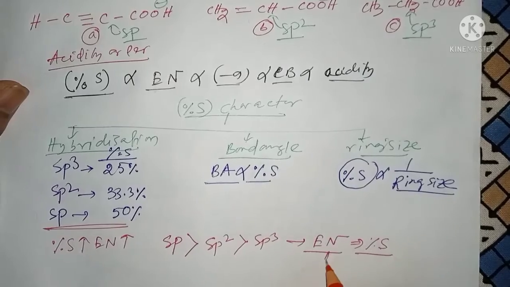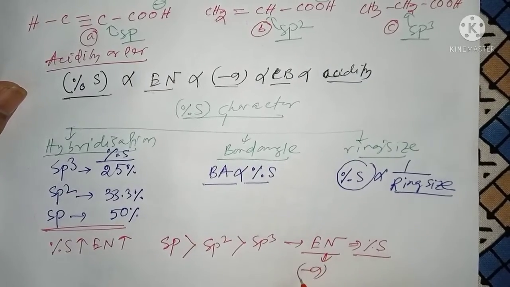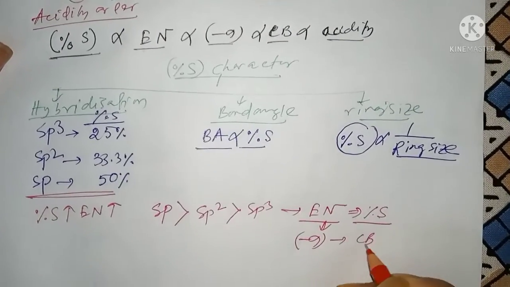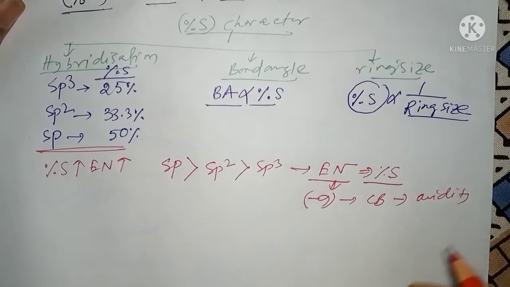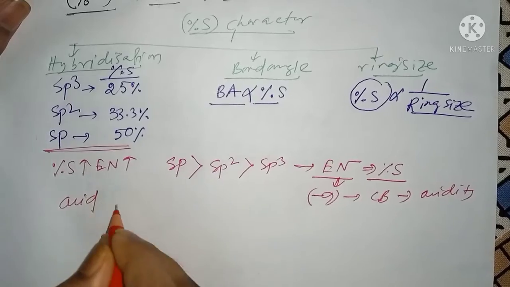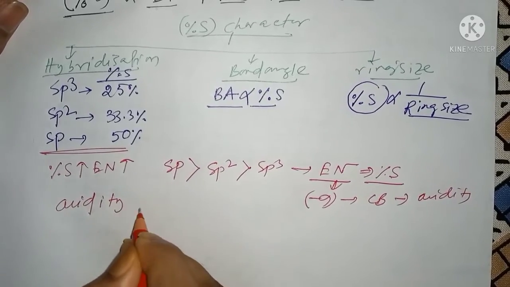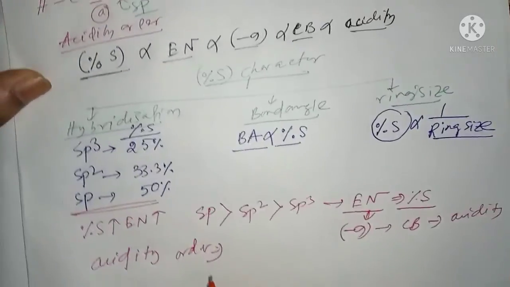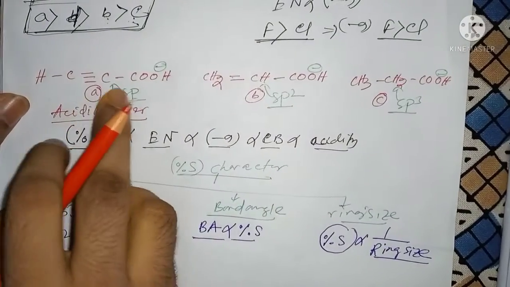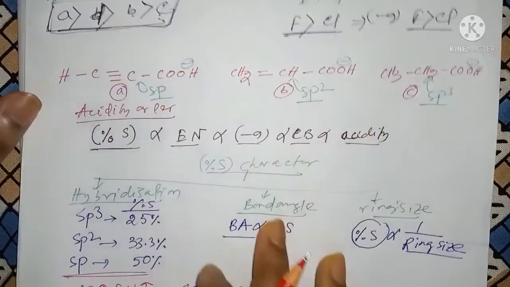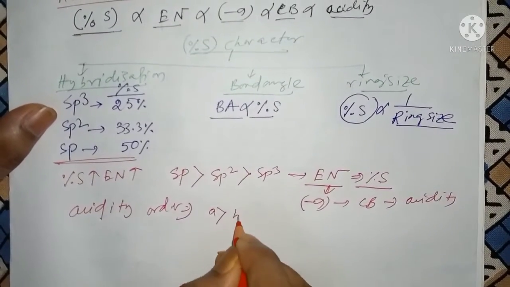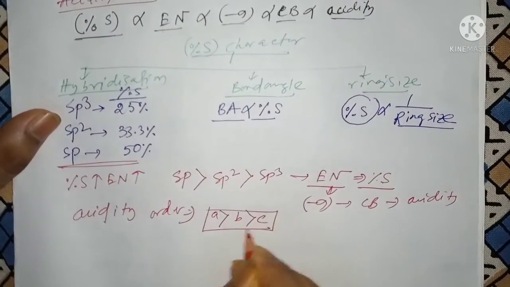Electronegativity is proportional to the -I effect, so the stability of the conjugate base has the same order. This is acidity. So in the acidity order, A is sp, B is sp2, C is sp3. So A is greater than B is greater than C. This is the acidity order.